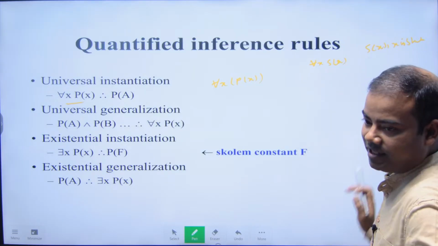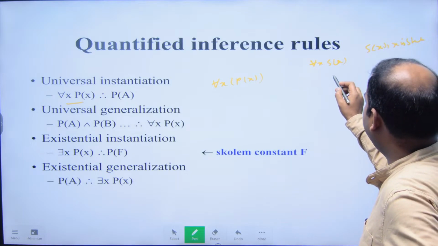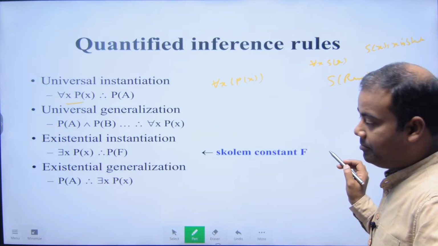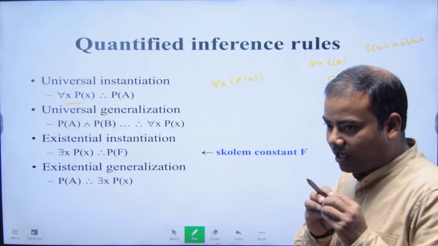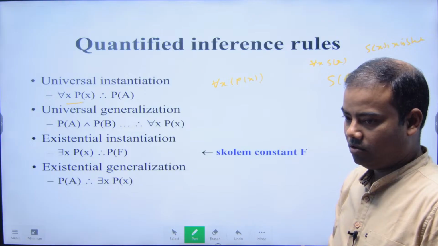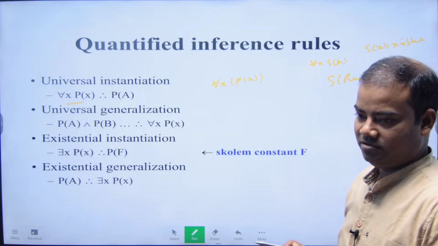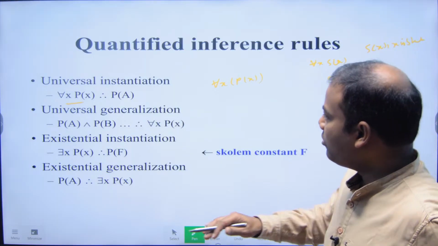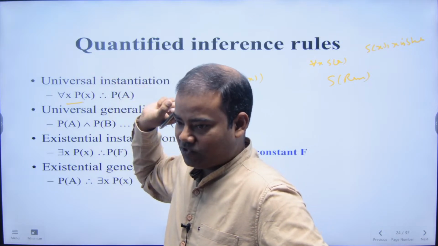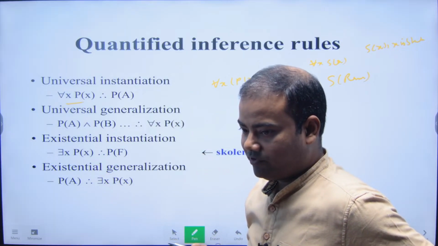For every x this is true, meaning every x is a student. If I put any a or b, or Ram, then Ram is also a student. If it is true for everything, then for one thing it is definitely true. a is one of the things from the universe, and this x must be from some universal set. So this is true, but the opposite, the converse, is not true.